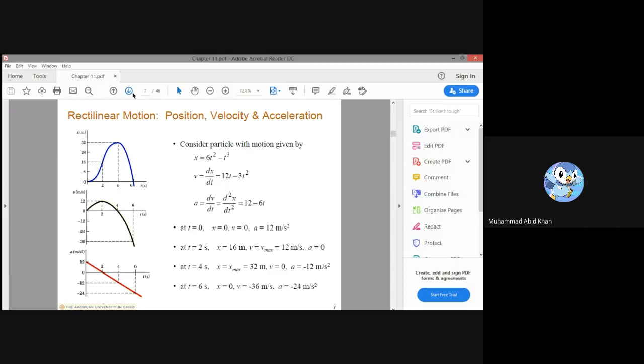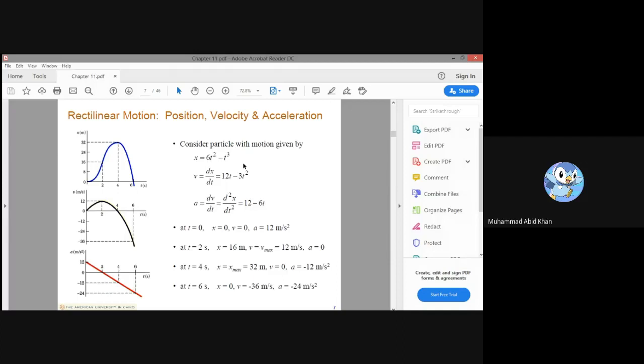Consider a particle with motion given by x equals 6t square minus t cube. We want to get the velocity. If we want to get the velocity, we derive this equation.